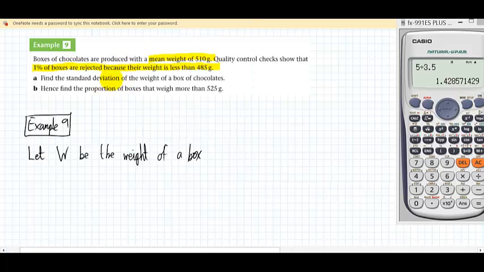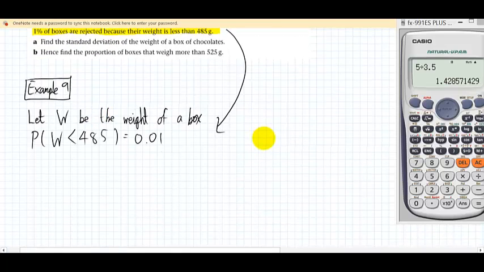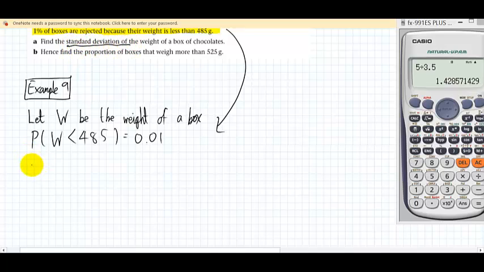Now, how can we translate this to something that would help us? Well, the probability of the weight W being less than 485 grams is equal to 0.01, because 1% of the boxes are less than 485 grams. From this we can work out sigma, which is the question. So let's standardize this.